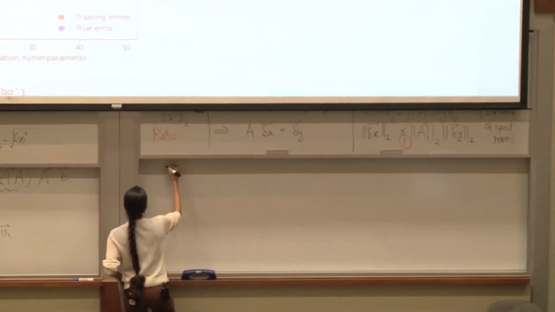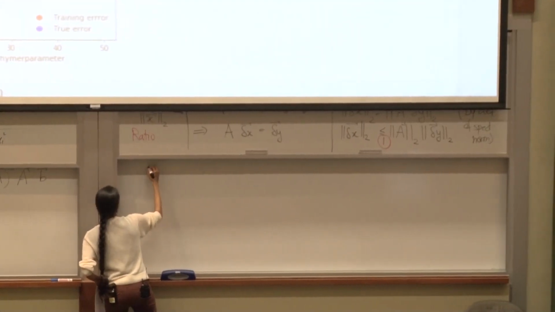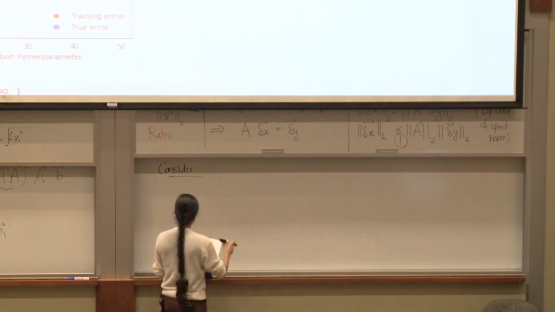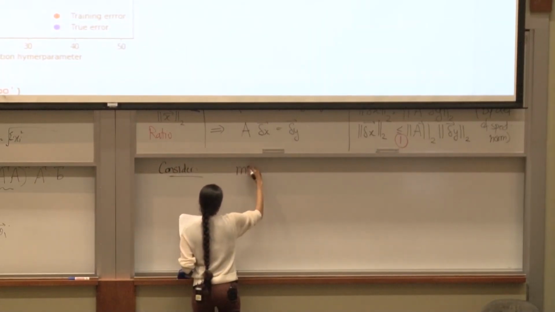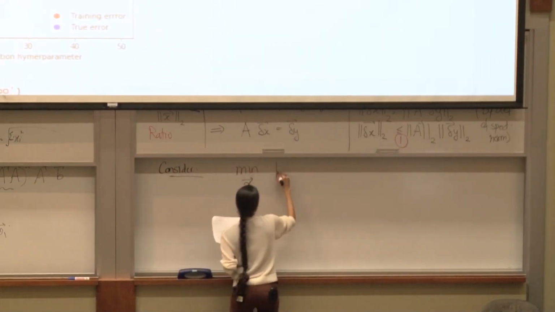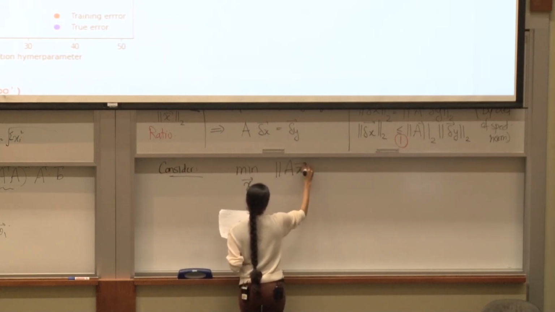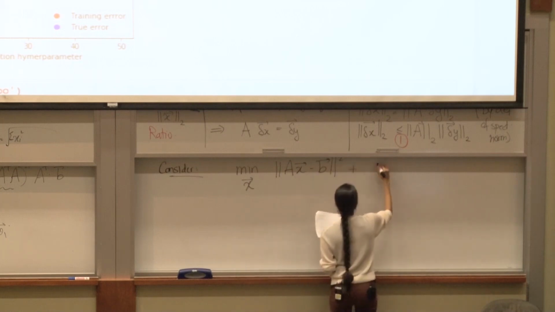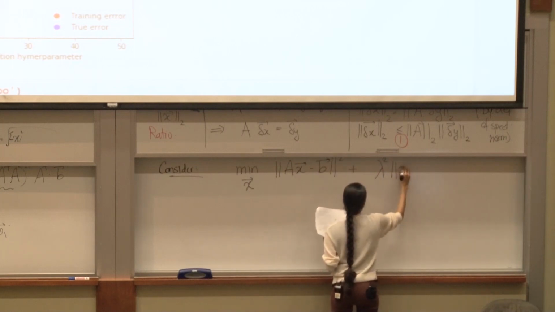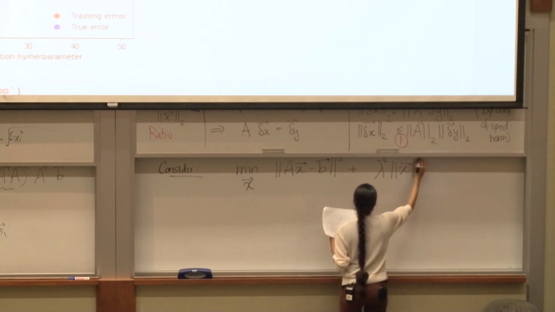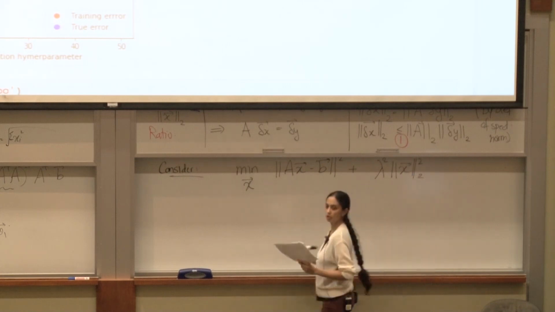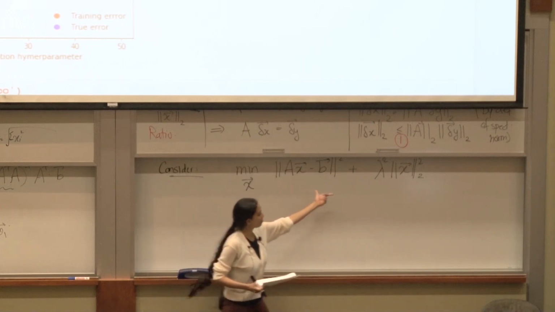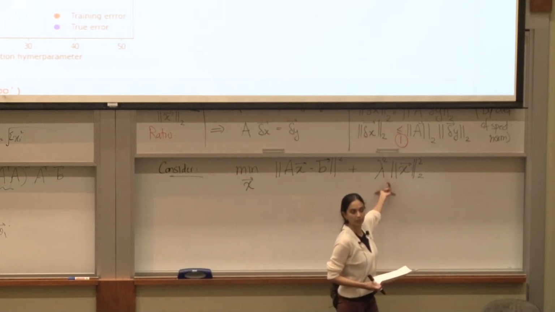So now consider this arbitrary optimization problem that is a modification of least squares. Minimize over x, norm of Ax minus b, whole squared, plus lambda squared times norm of x squared. So I've taken my least squares objective and I've added to it a second term.